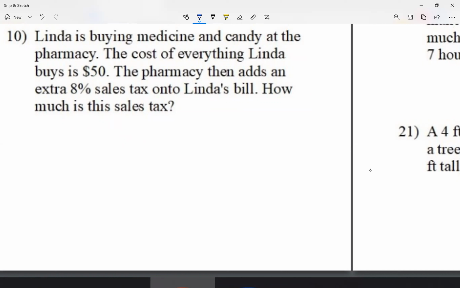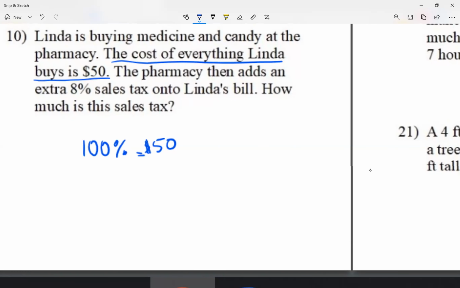So I'm going to say everything is 100%, right? 100% means everything. 100% is equal to $50. Because we know that the cost of everything Linda buys is $50. Now, we know the pharmacy is going to add 8% of taxes, and we want to know how much the taxes are.